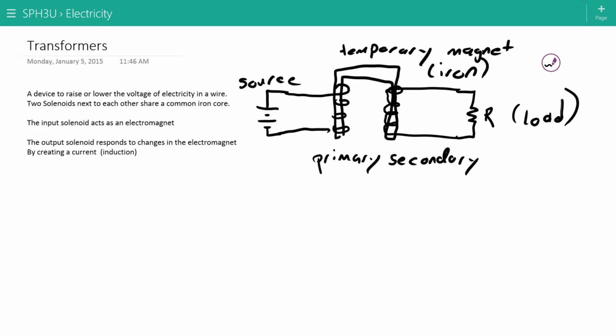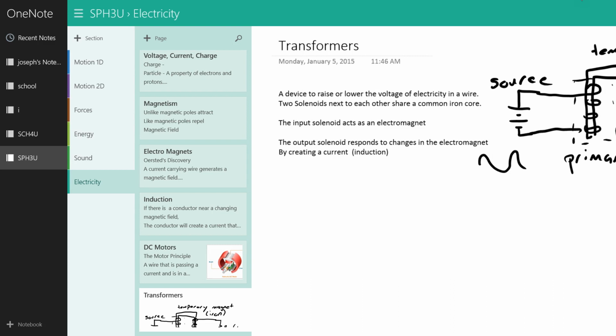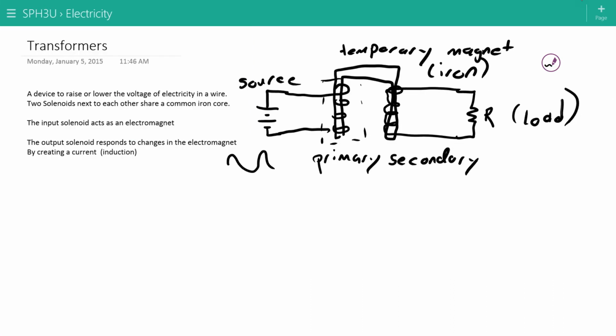The source, because again we're going to say that it's alternating current, is going to turn this part here into an electromagnet. Current will be passing through that wire, and so according to what we discussed earlier, that'll create a magnetic field, and because it's alternating current, that will create a changing magnetic field.